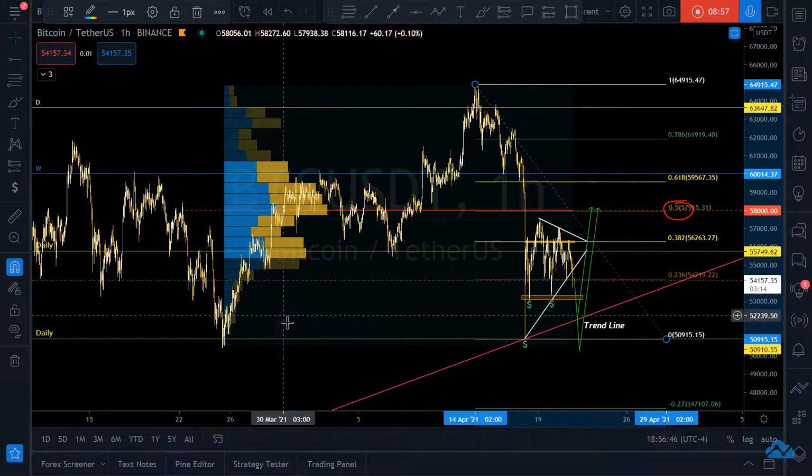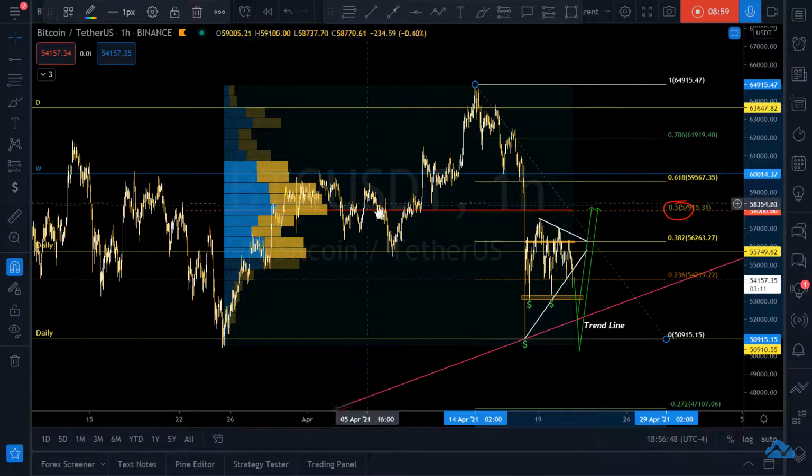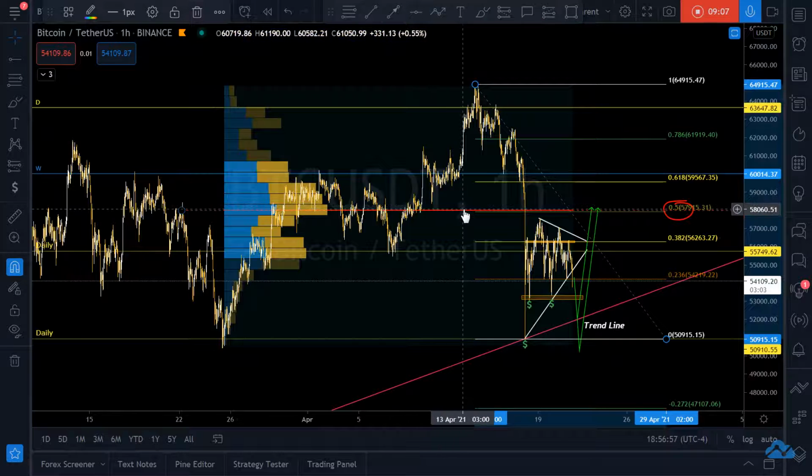Yeah, thank you. You'll see that, I'm new to this tool, by the way. That's why I'm moving slow with it. But you'll see that it aligns perfectly with the 50% Fibonacci retracement line, which also aligns with the structure that I already outlined. All right.